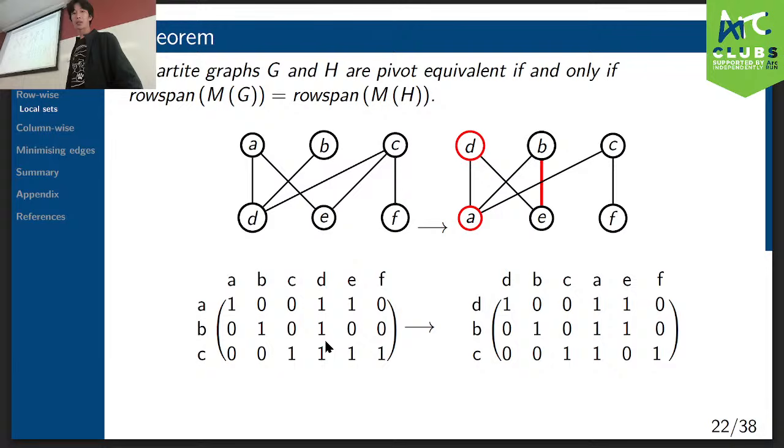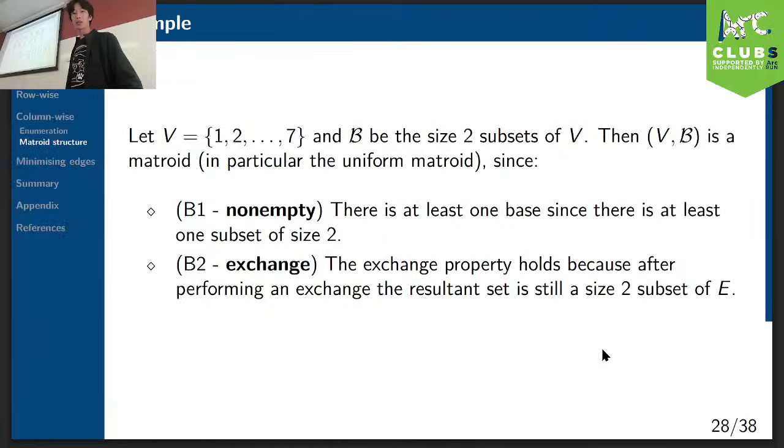Importantly, both those sets have size 3. And so there's going to be a bunch of bases that can be seen in this graphic presentation, and a bunch of bases that can be seen in this other graphic presentation.